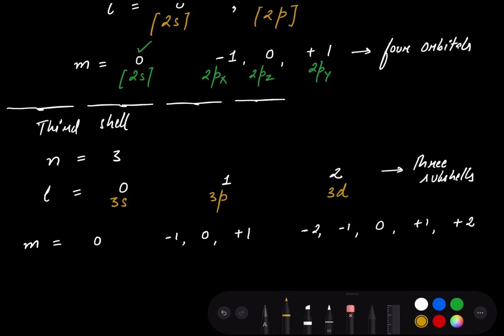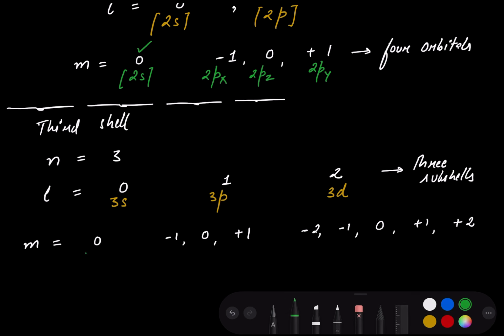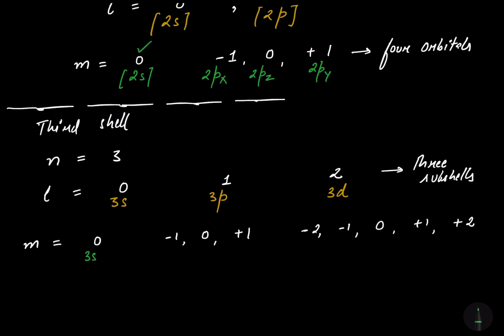Now 3 and 0 stands for only 3s. Now let's talk about the -1. So it's 3px, 0 is 3pz, +1 is 3py.